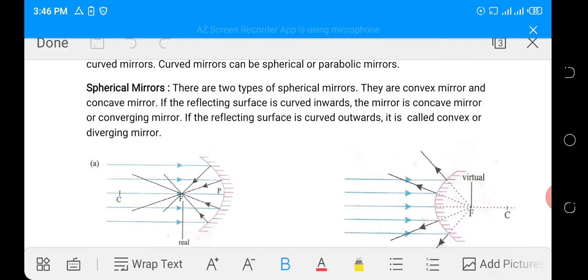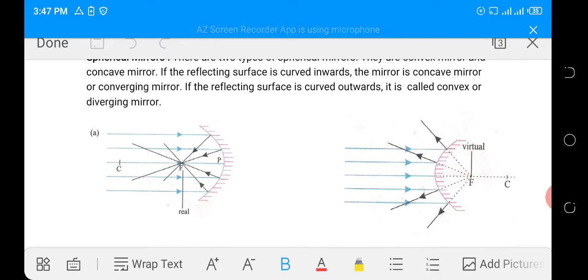A concave mirror has its reflecting surface curved inward, as shown in figure A, while a convex mirror has its reflecting surface curved outward, as shown in figure B. Figure A shows a concave mirror, while figure B shows a convex mirror.